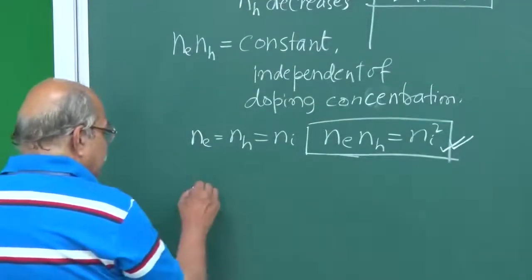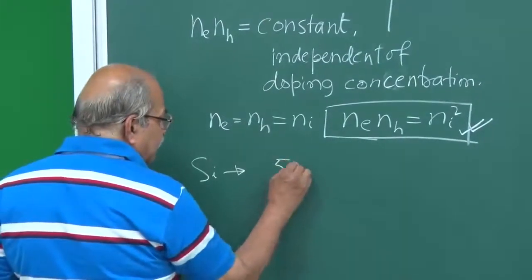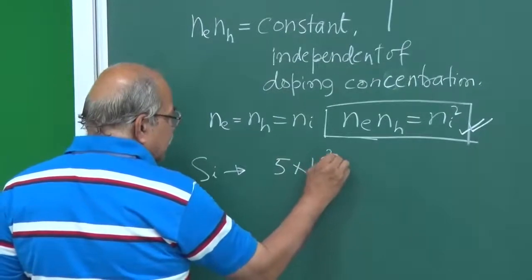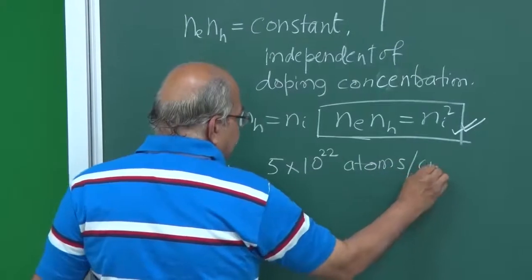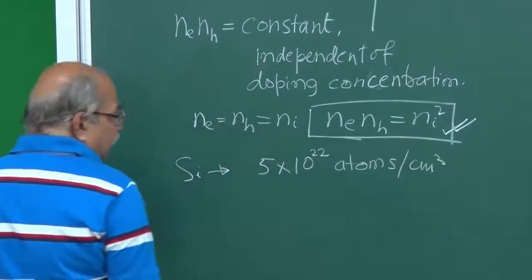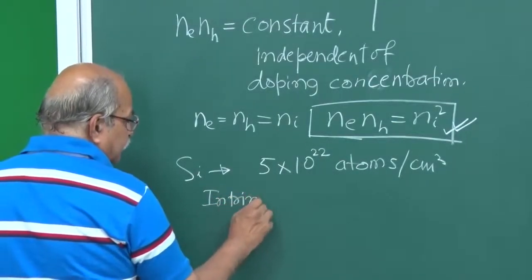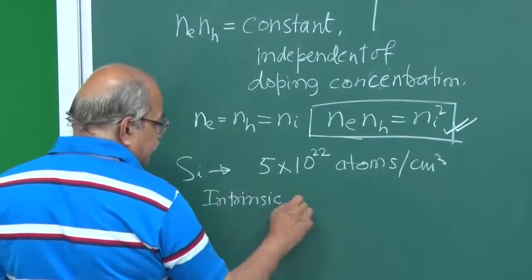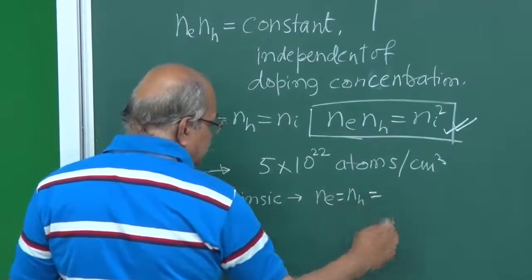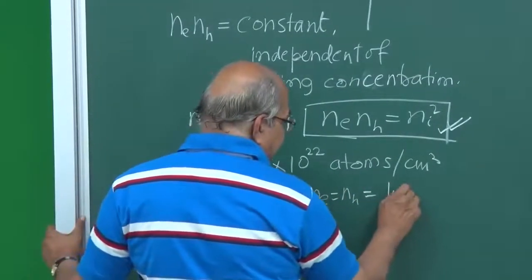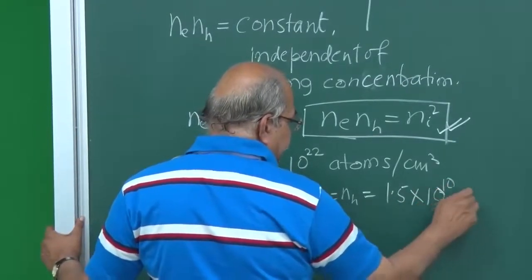So for example, if you have silicon, you know there are some 5 into 10 to the power 22 atoms per centimeter cube, and for intrinsic silicon, the number of electrons equal to the number of holes is how much? 1.5 into 10 to the power 10 per centimeter cube.